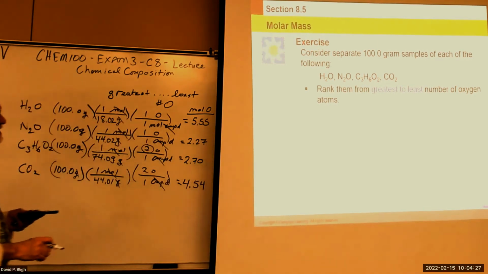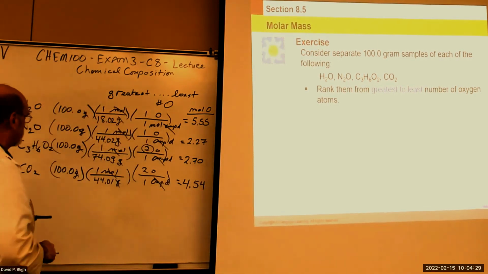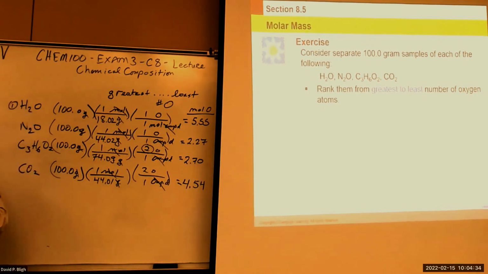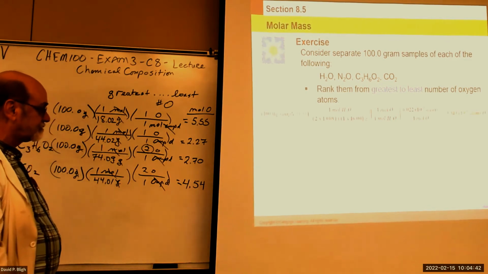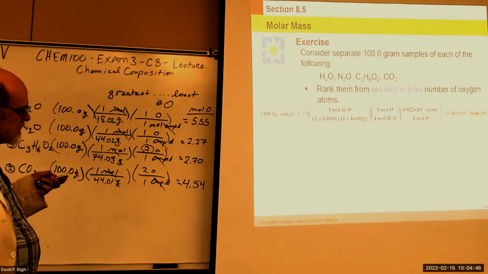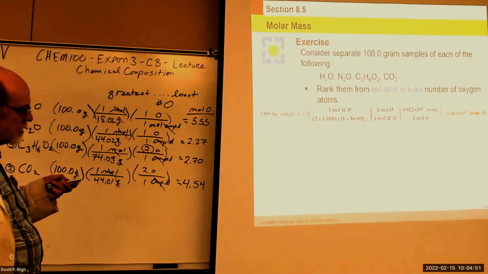Okay, greatest to least number of oxygens. All right, greatest is this one. Next is this one. Next is this one. And that one's last. So here we've got, it's hard to see, a faint line right in here, the divisor line.